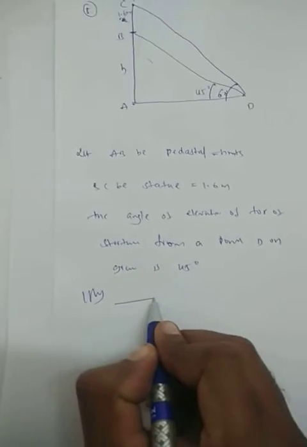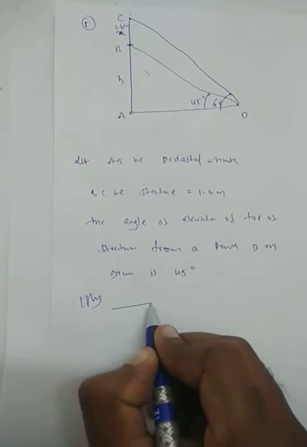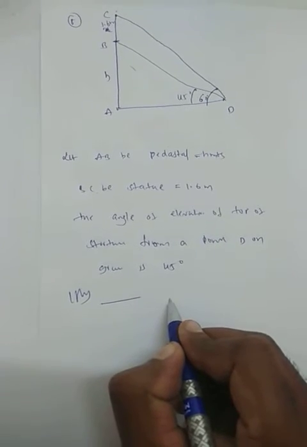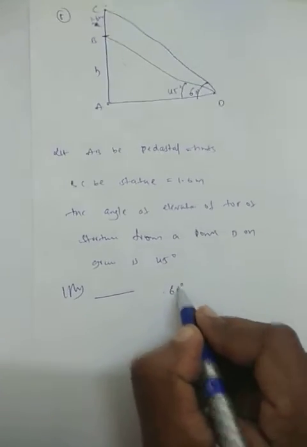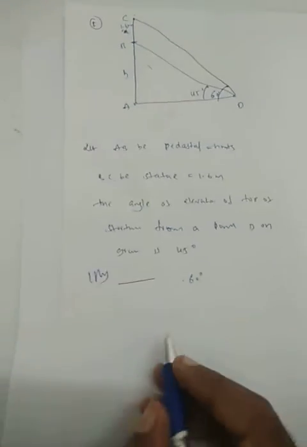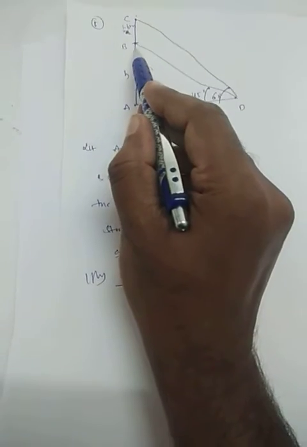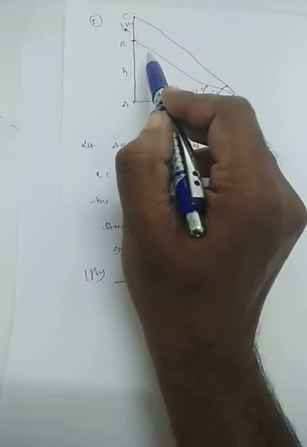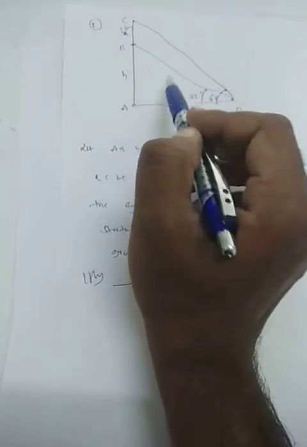Similarly, the angle of elevation of the top of the statue from the same point D on the ground is 60 degrees. Now look here carefully. In this type of question, definitely we need to take the smaller figure. If you take the big figure also, again we are going to get the big right angle triangle, and we are going to get two unknowns.